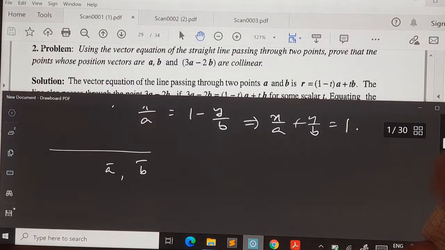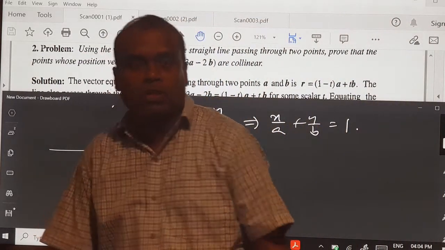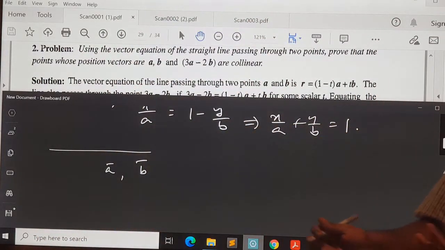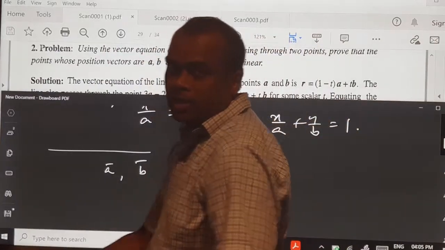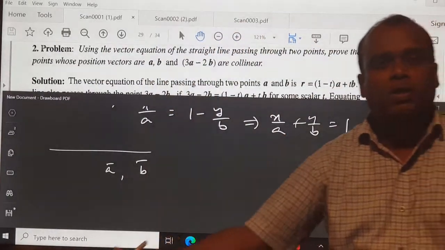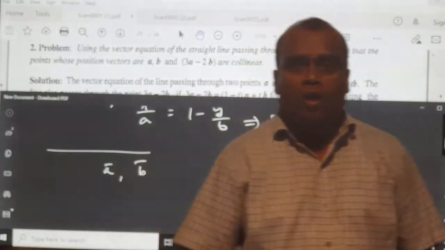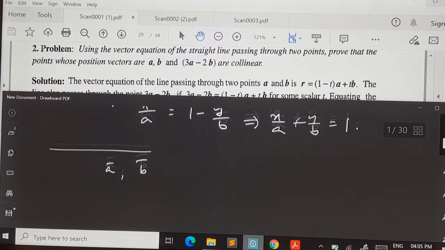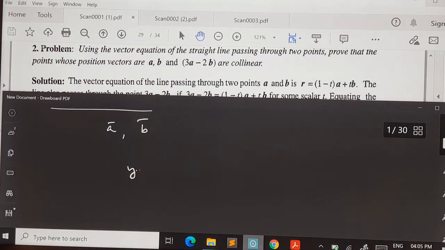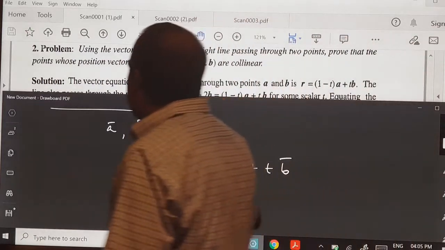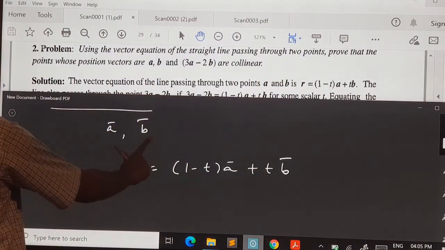And now either you can directly apply the formula that you already have, or once again first you make the vector, point, vector, apply r bar equal to a bar plus t b bar, 1 point and 1 vector. Or you can directly apply the formula for 2 points that we have already derived. r bar is equal to (1 minus t) a bar plus t b bar. So that is the line passing through these 2 points.